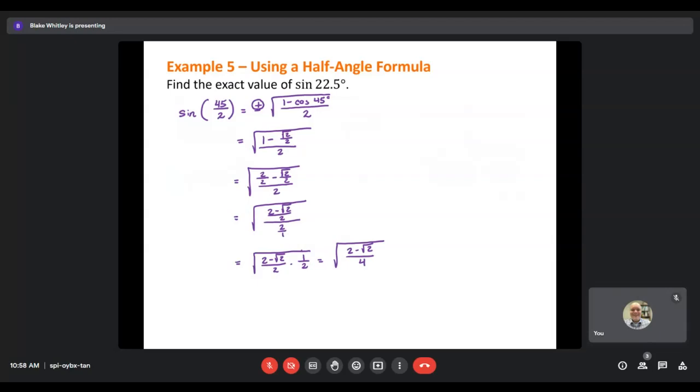And because we have a perfect square in the denominator, we can go ahead and take the square root of that. So we're just going to get square root 2 minus square root of 2 over 2. And that would be our exact value for the sine of 22.5 degrees now.